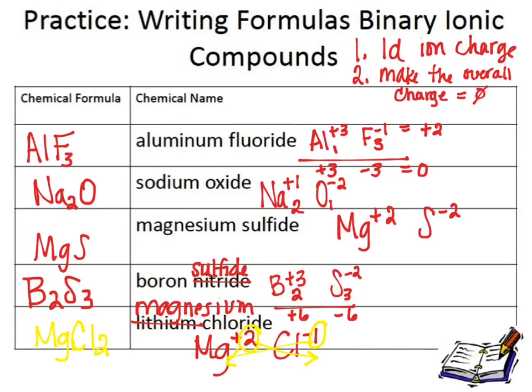Now, when you're doing this, if we went to magnesium sulfide, you would come up with Mg2S2. What is the difference between this and this? That's double. So this one is simplified.